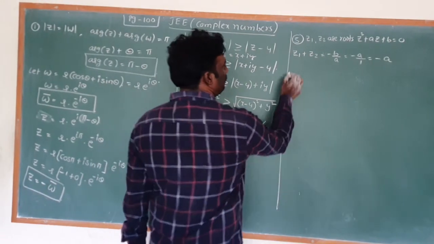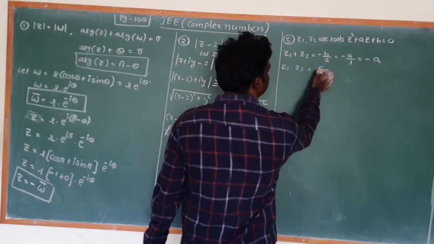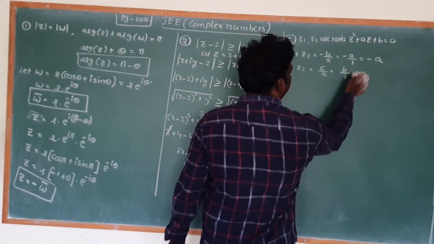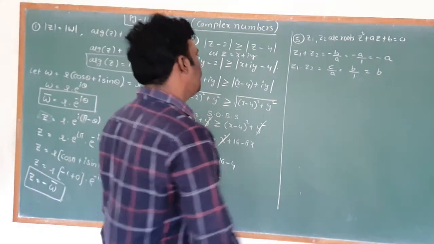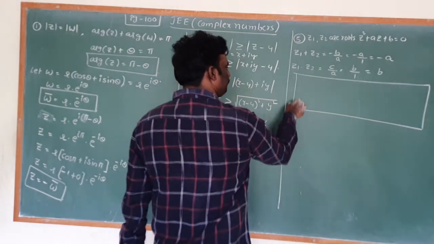What is the formula for product of roots? Z1 into Z2 formula, c by a, c means constant here, b by 1, that equals to b. So we have one shortcut formula in complex number.